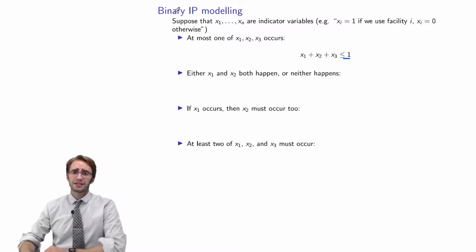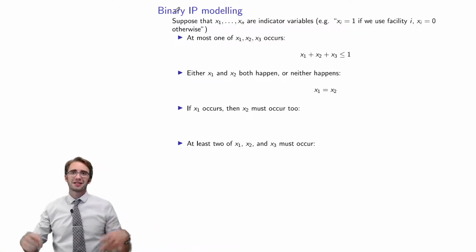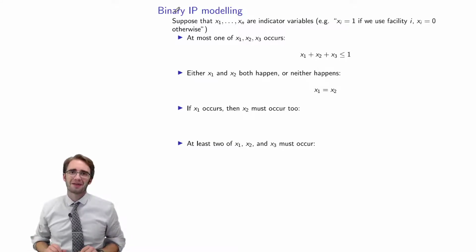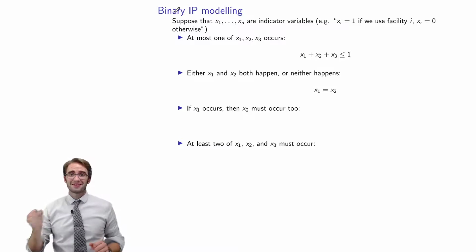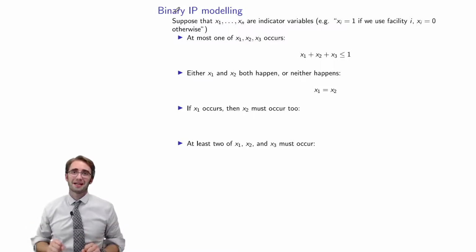This is actually just a fancy way of saying that x1 is equal to x2, right? This is a classic example where your customer tells you something and they phrase it in a way that makes it a little more opaque than when you actually look at how it's written mathematically. Then you're just saying x1 is equal to x2, right? Because whatever happens with x2 also has to happen with x1, and vice versa.